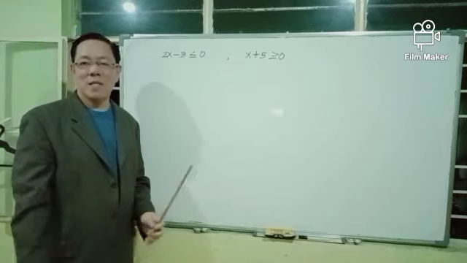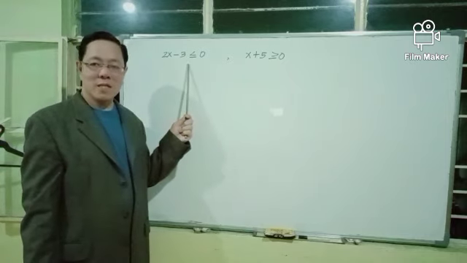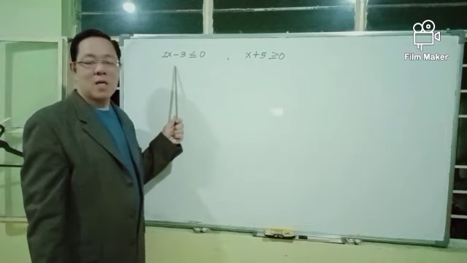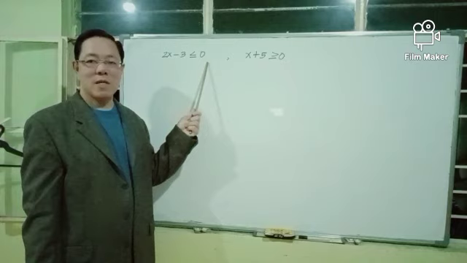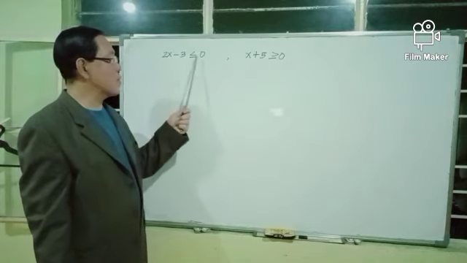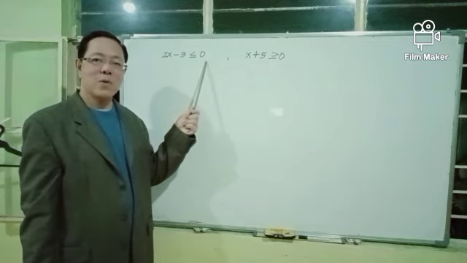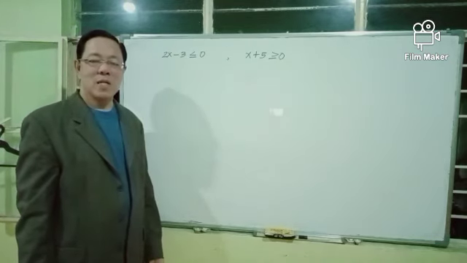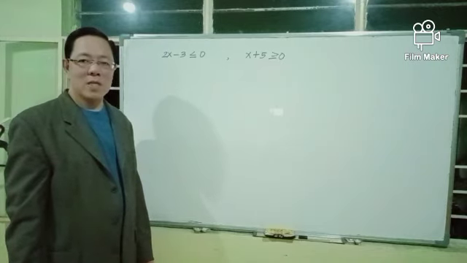As we did in the past lesson, solving a linear inequality is like solving a linear equation. The variables should be at one side and all the constant terms should be at the other side. So here, negative 3, we transpose to the right hand side of the inequality, or you add 3 to both sides, and that is by the addition property of inequality.